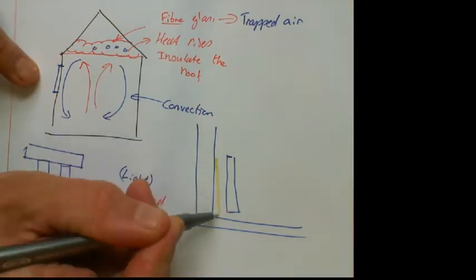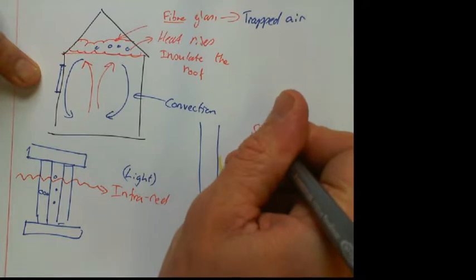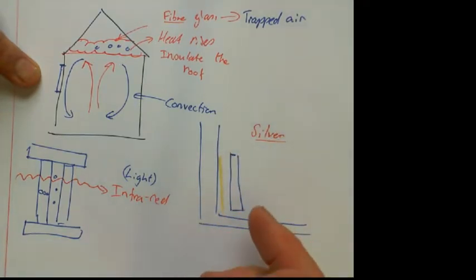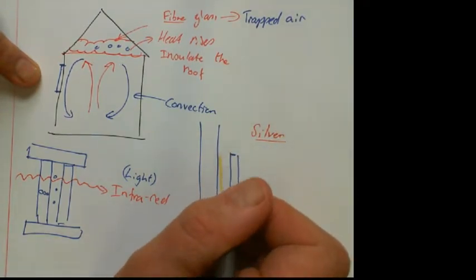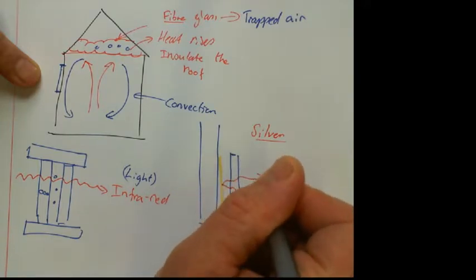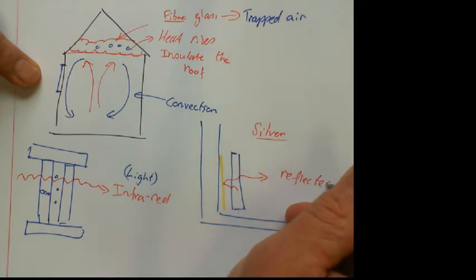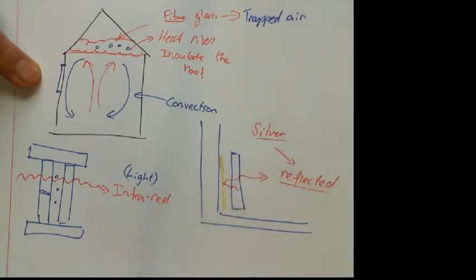So if it says that you put some shiny foil behind the radiator, or some silver foil, so the word you're looking for is something along the lines of silver or shiny, what's happening is that the radiation is coming in, and then it's being reflected back into the room. Okay, you want to be thinking about it being reflected back into the room.